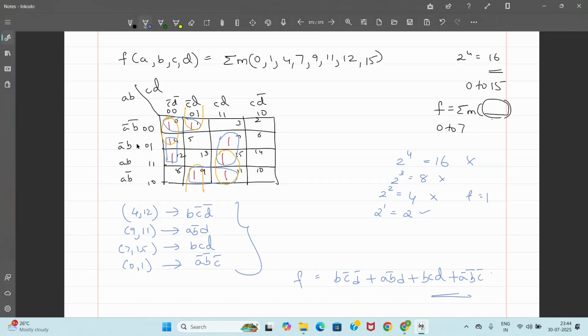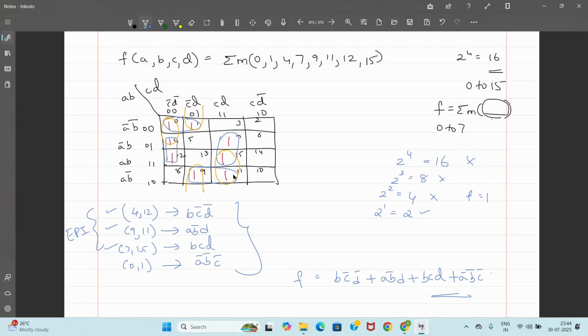And as you can see, out of these four groups which I have written here, 4, 12, 9, 11, 7, 15, these three are essential prime implicants. The reason is 4, 12: the cell number 12 is unique to this group, which cannot be covered in any other way.